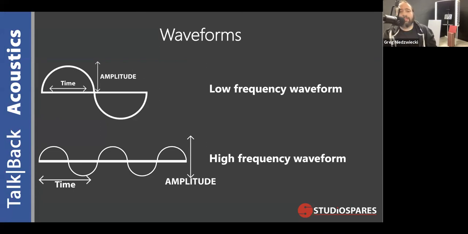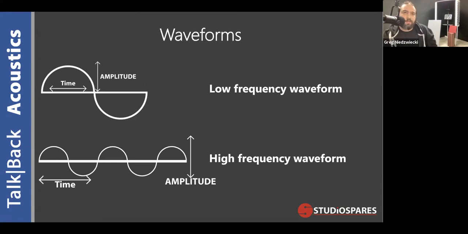Waveforms are digital visualizations of what a sound wave is, and they have two axes, basically: amplitude, which you can see on the vertical axis, or volume, and a rate or time.